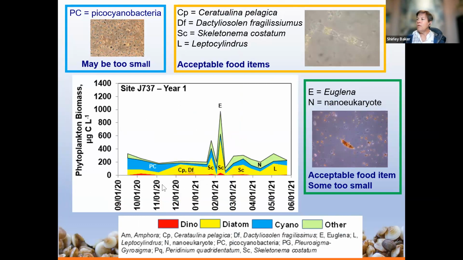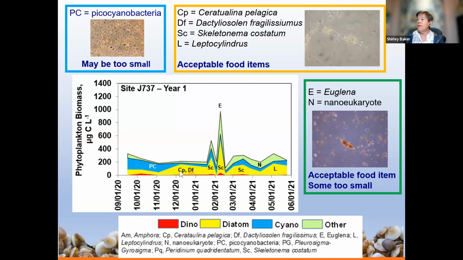If we look at this graph, they're labeled with some letters. Here we start out in the fall of 2020 with quite a few cyanobacteria, and those were picocyanobacteria, which are very, very tiny. So they may be too small for shellfish to filter out.